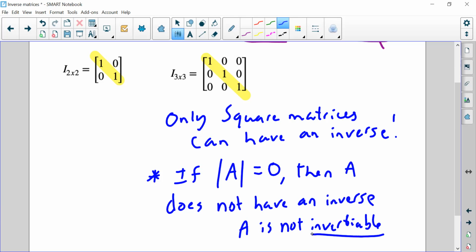Invertible is what we call it when the process of finding the inverse is possible. So A is not invertible if the determinant of A equals 0. That's the thing you can always do to check whether it's possible to have an inverse. We want to start by checking if our determinant is equal to 0 or not. If it's anything besides 0, and it's a square matrix, you can find an inverse.